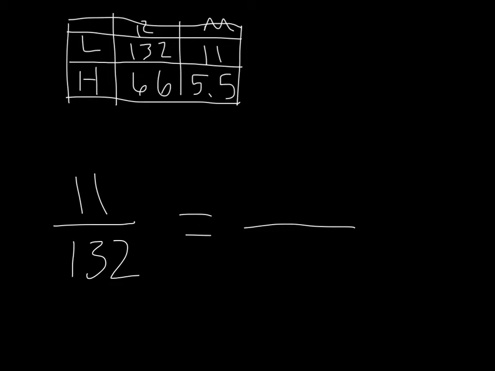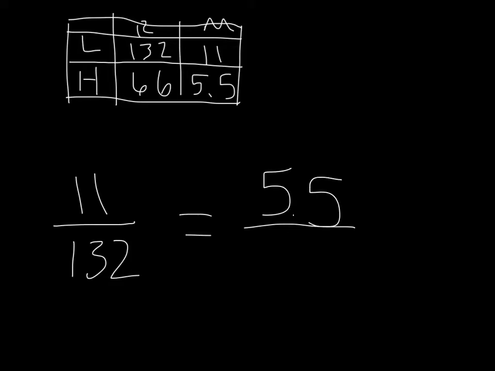And remember what I said. The numerator is going to be from the model, and the denominator is going to be from the actual race car. So what is going to go in the numerator here? It is going to be 5.5 because that is the height of the model.